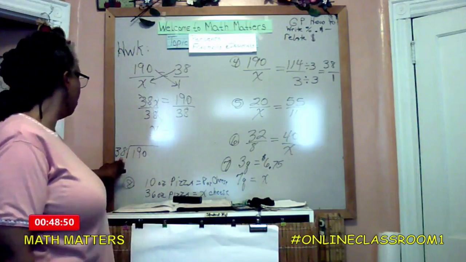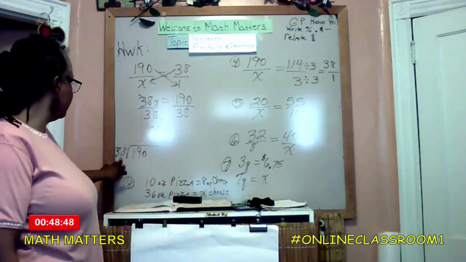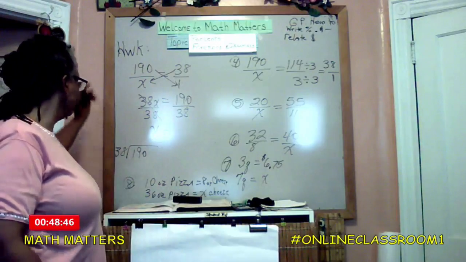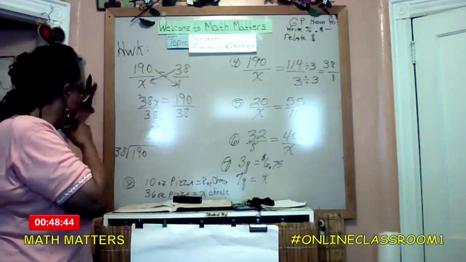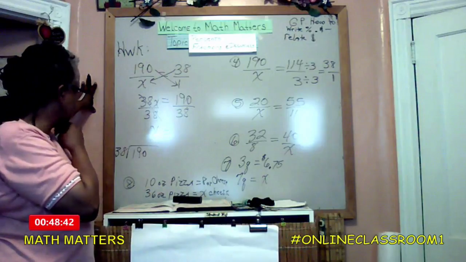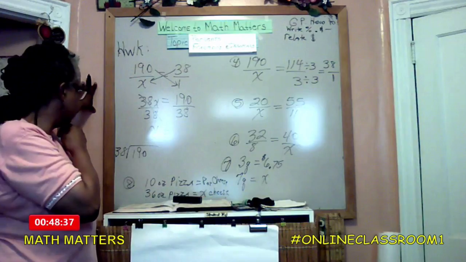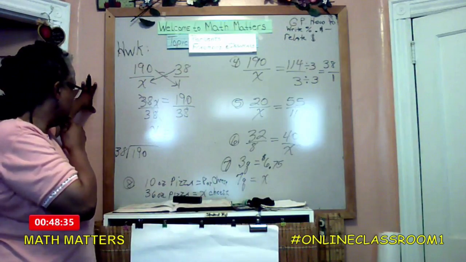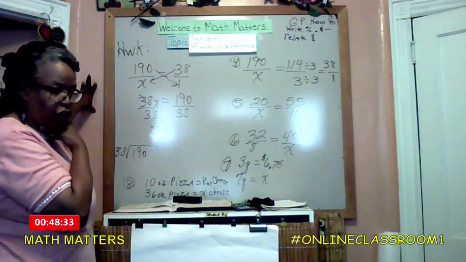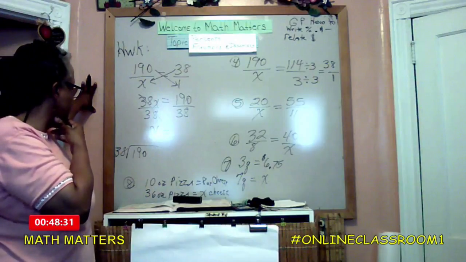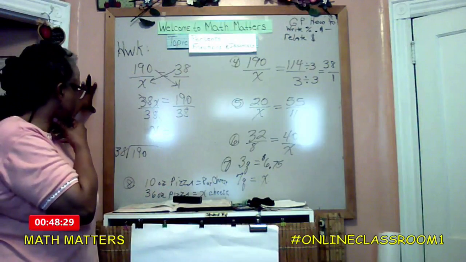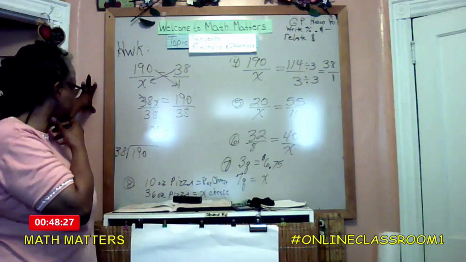If I round 38 off to 40, 40 goes into 200 5 times.